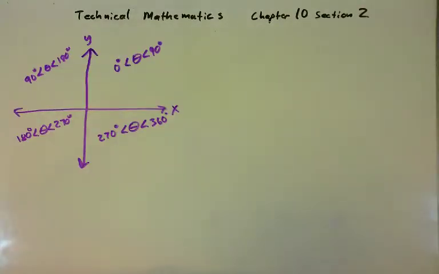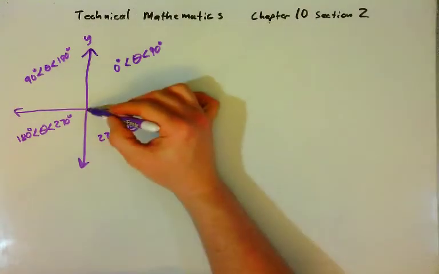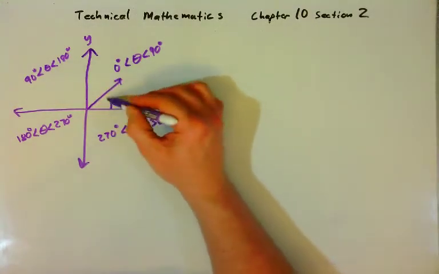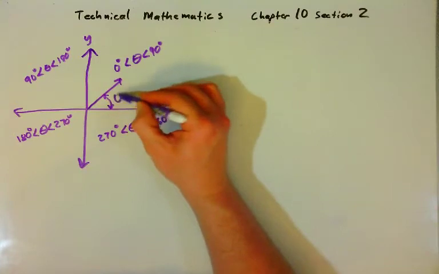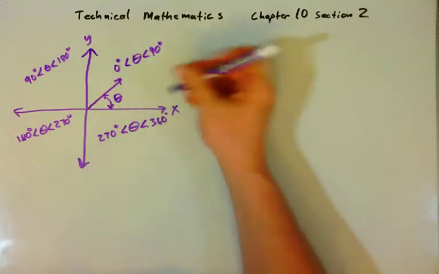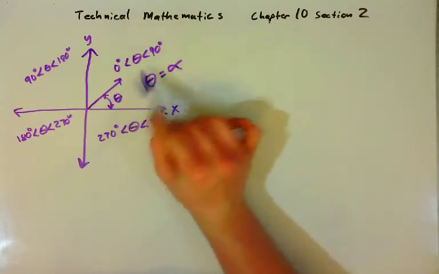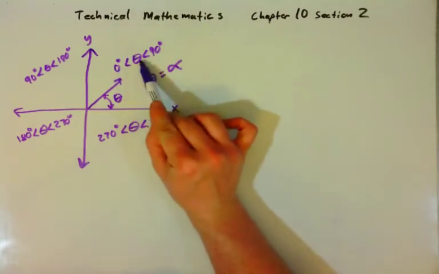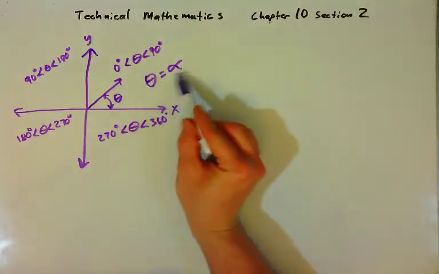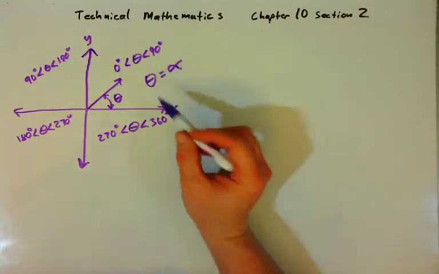Let's look at how the reference angle looks in each quadrant. If theta were in the first quadrant, then theta is equal to alpha. If theta is less than 90 degrees but greater than 0 degrees, theta and alpha will be the same angle.